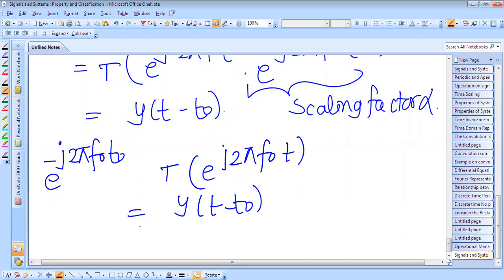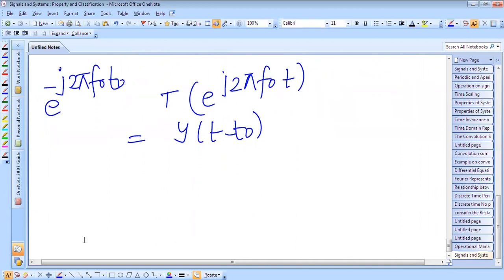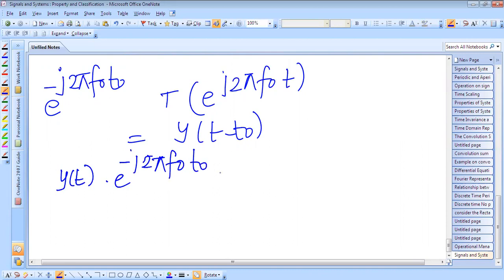Therefore, y of t into e raised to power minus j 2 pi f naught t0 is equal to y of t minus t0.